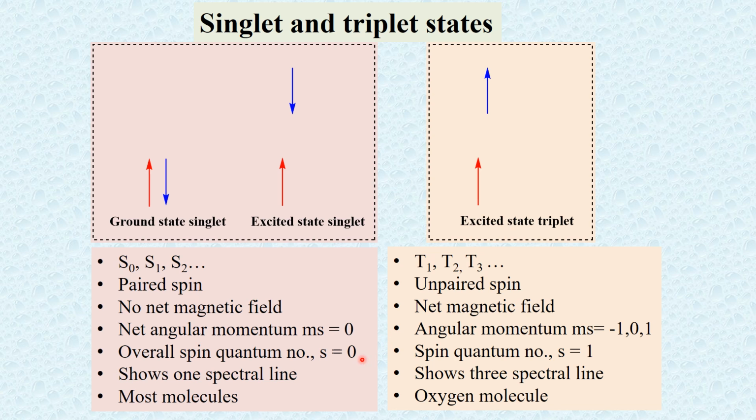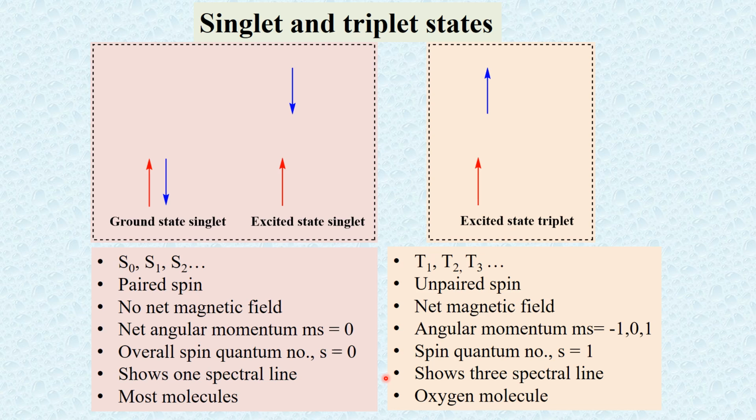In a singlet state the overall spin quantum number value is 0, plus half and minus half. And in the excited triplet state, the spin quantum number is 1. More importantly, a singlet shows one spectral line, that is why it is called singlet.